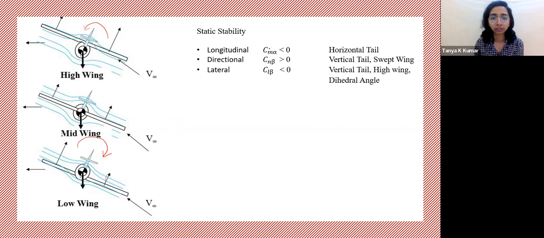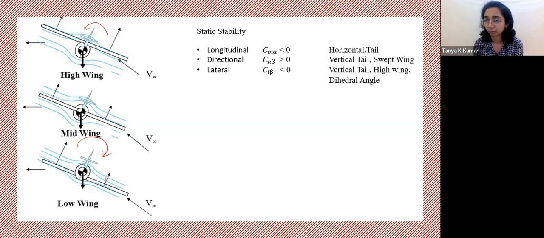Okay. Here I've just summarized the terms that are used to denote stability in the three directions. For longitudinal stability, that is in the pitch axis, you have Cm alpha and you require Cm alpha to be less than 0. What is the geometric property or the structure of an aircraft that contributes towards longitudinal stability?